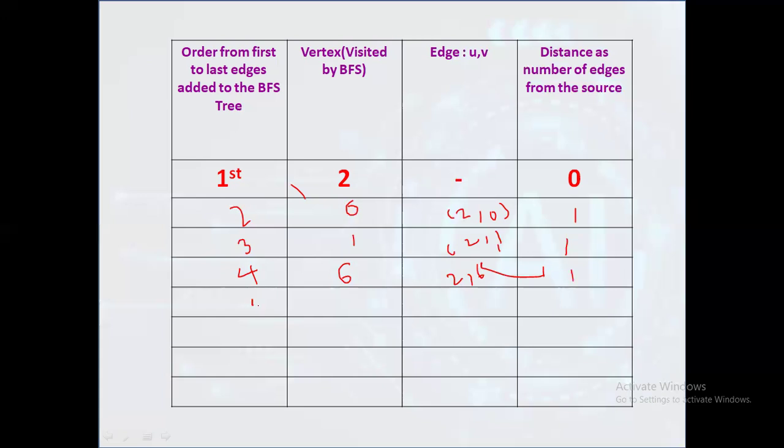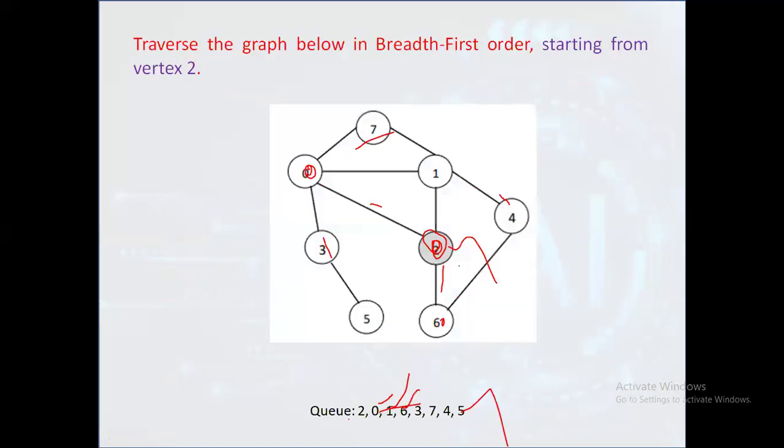Next, similarly, in the fifth step, the value is 3, and then 0 comma 3, the distance moved from this is 2. 0 to 3, if we want to move, see here, from 0 to 3, and then 2 to 0, so the distance moved is 2.